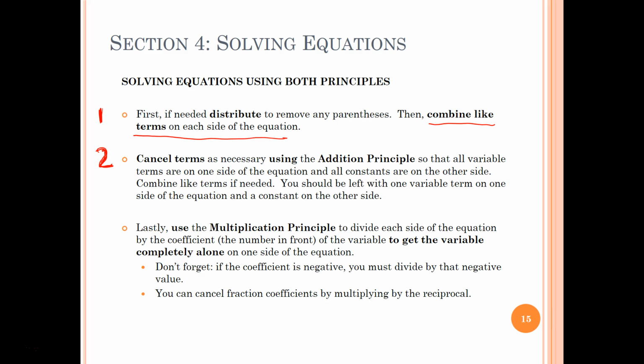The last thing we would do is the multiplication principle. Since this is the toughest one, let's save it for last. That way, if we're left with an answer like 2x equals 5, we'll divide by that 2 to get the variable completely alone on that side of the equation. If you use the multiplication principle first, you're not necessarily wrong, but you could potentially be making more work for yourself.